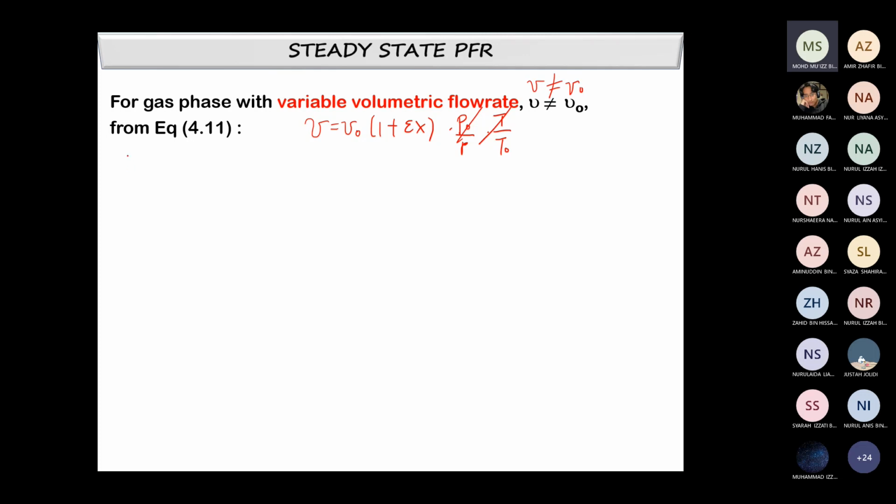So start with the mole balance again. Should be dFA over dV is equal to RA. Daripada sini kena ingat balik equation, kita boleh simplify to dFA over dV is equal to negative FA0 dX over dV. Sebab mana dapat ni?